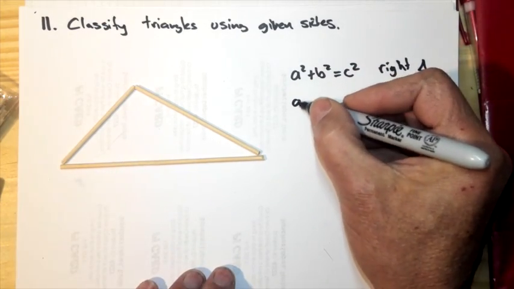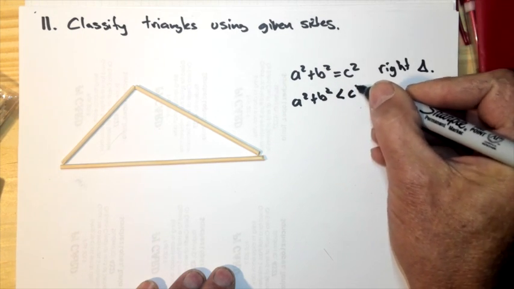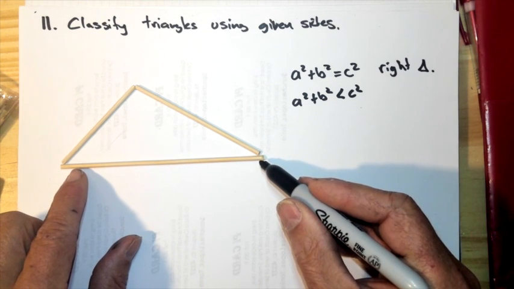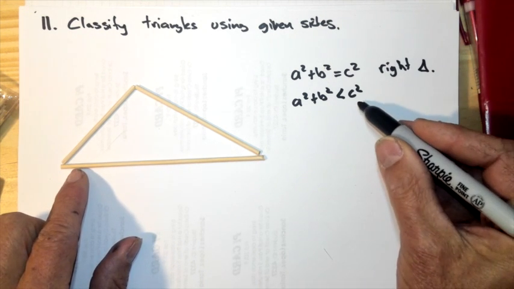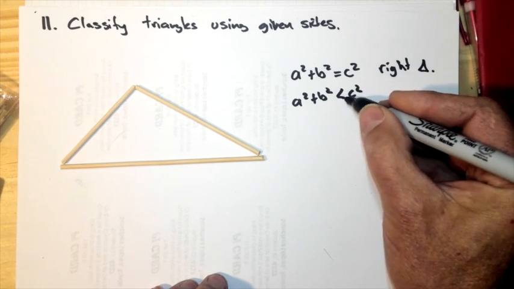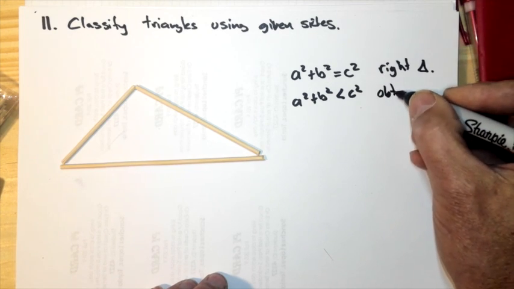So in this case, a squared plus b squared is less than c squared. The c squared, being the longest side of the triangle, would be too big, and this means that c is on the big side of that inequality, so it's obtuse.